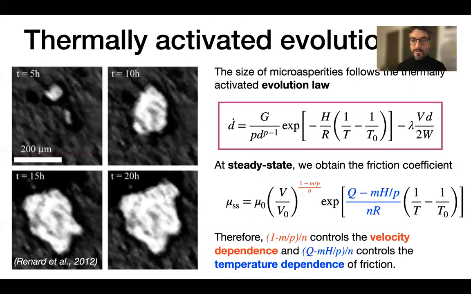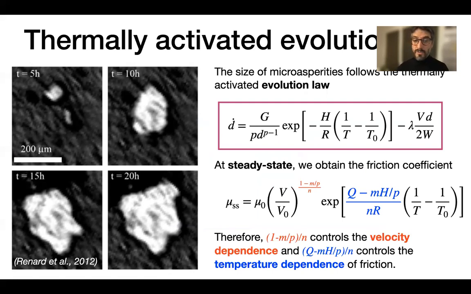Another step to allow time dependence is to consider the thermal activation of healing. Healing is represented by the flattening of microasperities, and that can be captured by a thermally activated evolution law with a healing and a weakening term.